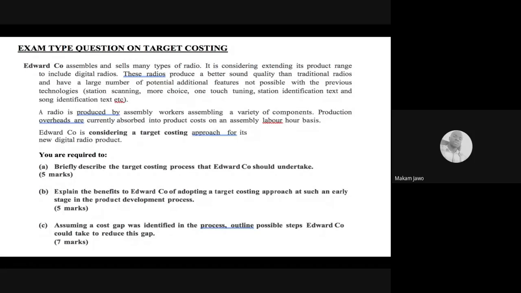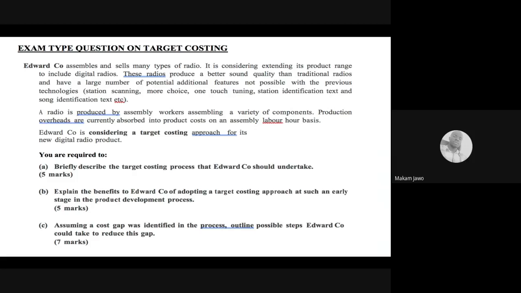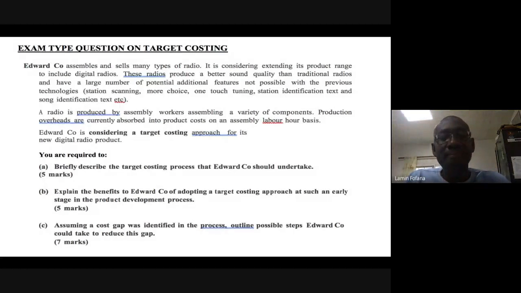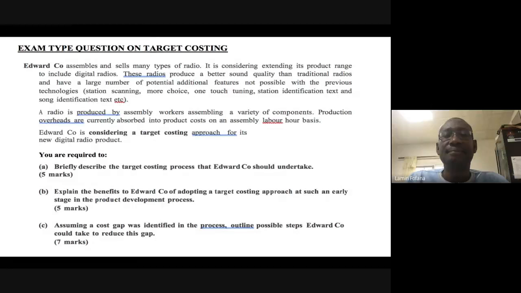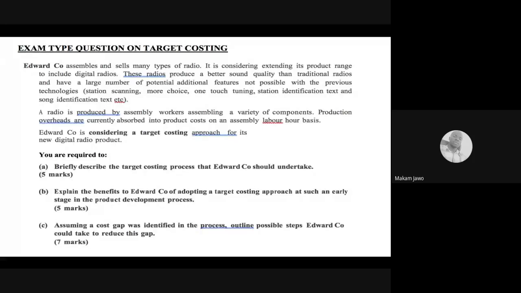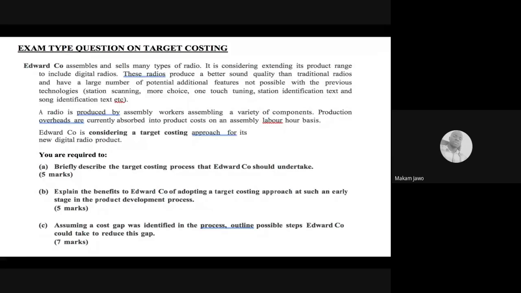We did mention last week that target costing is where the customer chooses the product he wants and you do research on the price and cost involved. Based on his research, the seller will set a selling price, and from that selling price you will determine your target profit, a certain percentage of the selling price.